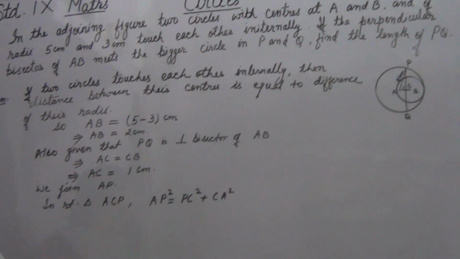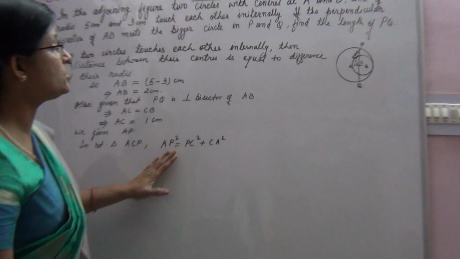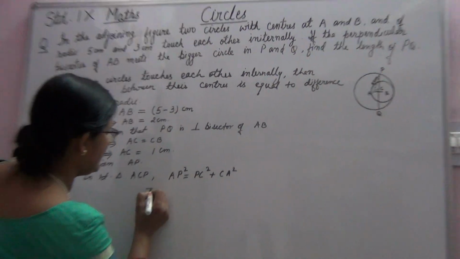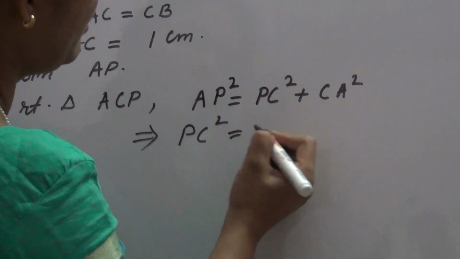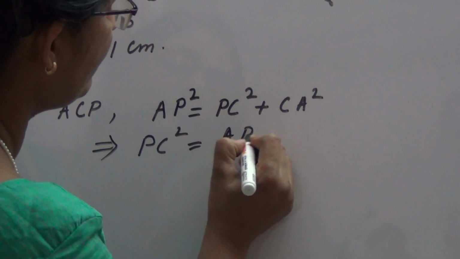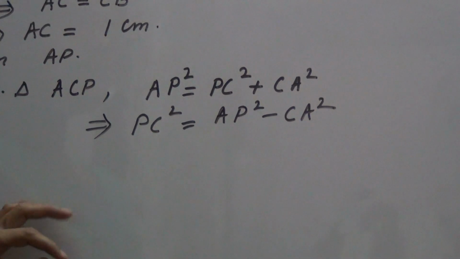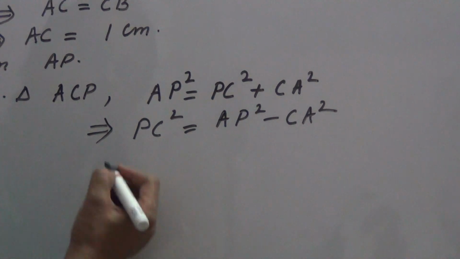We already know PA and we also have the value of AC. So what we will have to find here is PC. That's why we are bringing this PC square in the left hand side, and now we have got this relation that PC square is equal to AP square minus CA square.